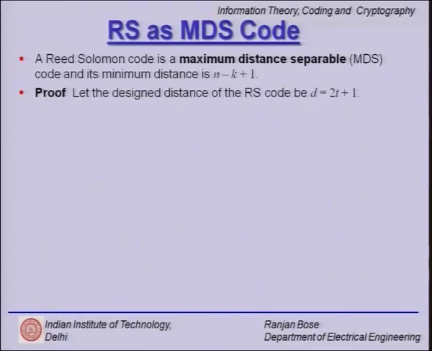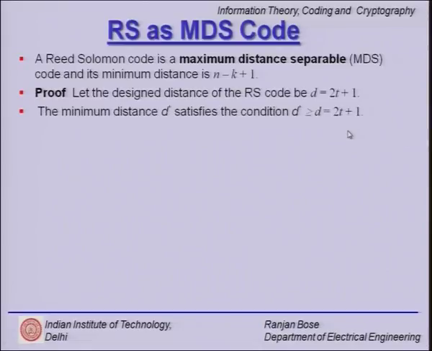How do we prove that? Let us say the design distance of the Reed-Solomon code d is equal to 2t plus 1. Because you know BCH codes are designer codes, we can start with the design distance that we want to make it for. So, d star should be greater than or equal to the design distance 2t plus 1.